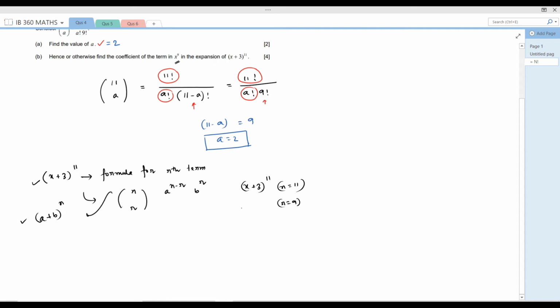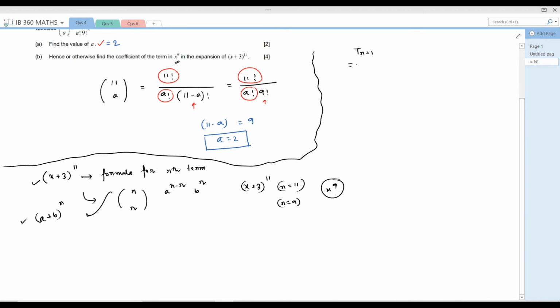Now we need to find the value of the coefficient of x to the power 9. For this I will write the formula, see here: T of r plus 1 equals nCr a to the power n minus r and b to the power r.